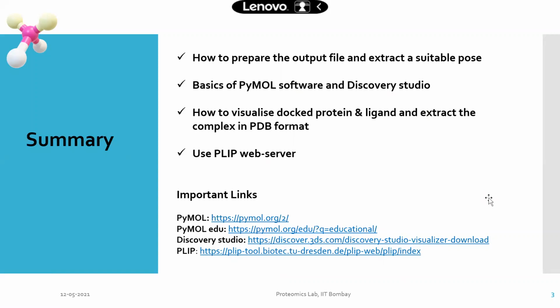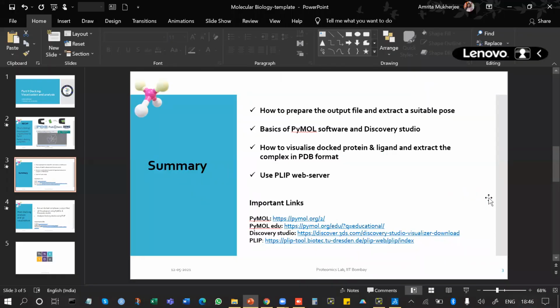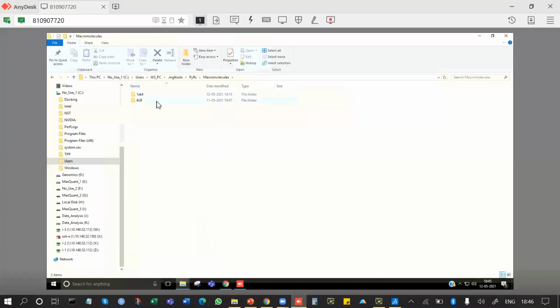Once you complete the docking with the ligands, you will get various output files. So in this PC, I have done the dockings. One of them will be the protein itself, which is 6I3F. This one is the protein. And the others will be the docked ligands.